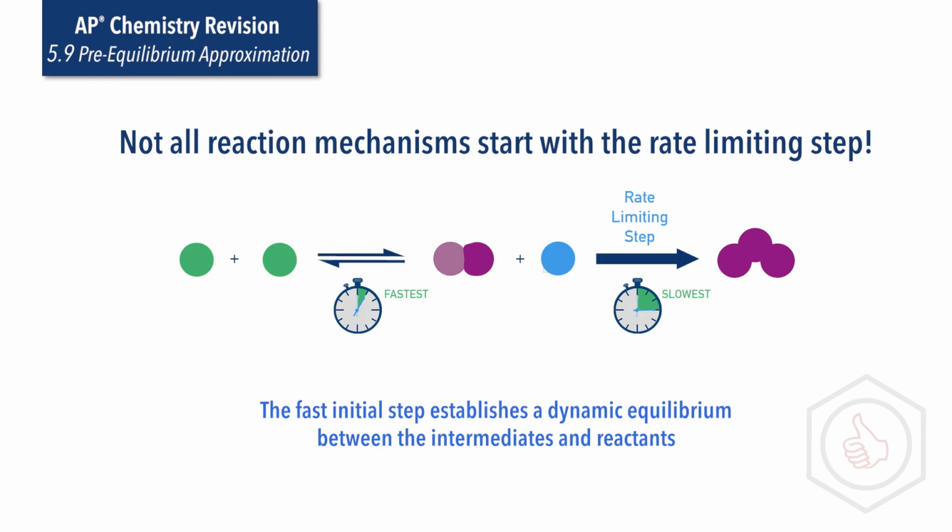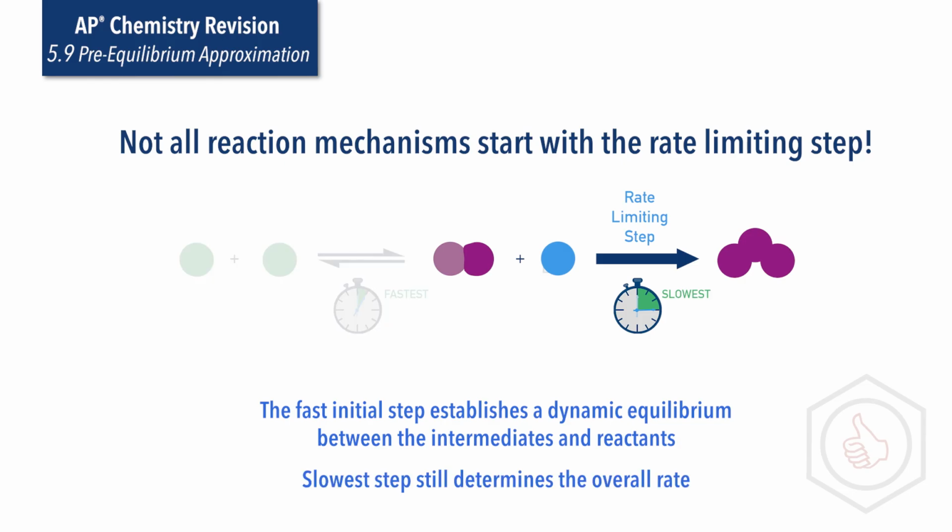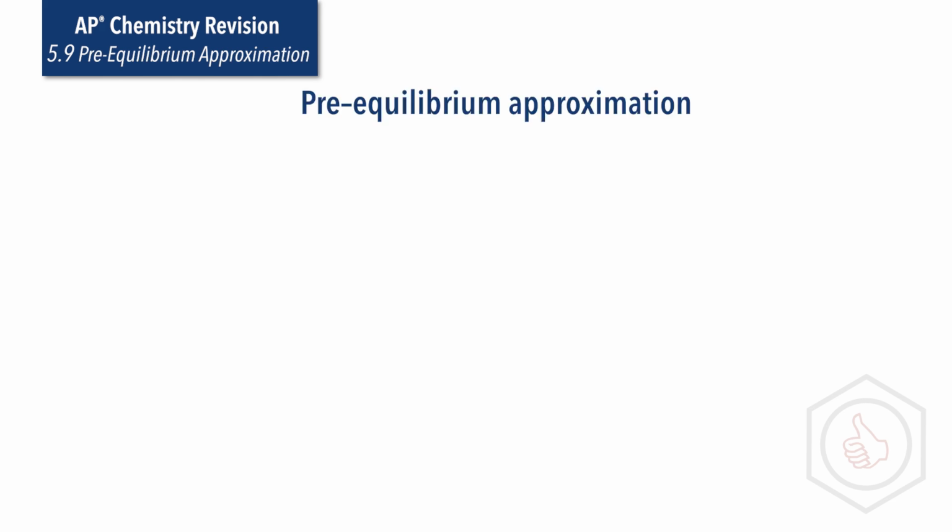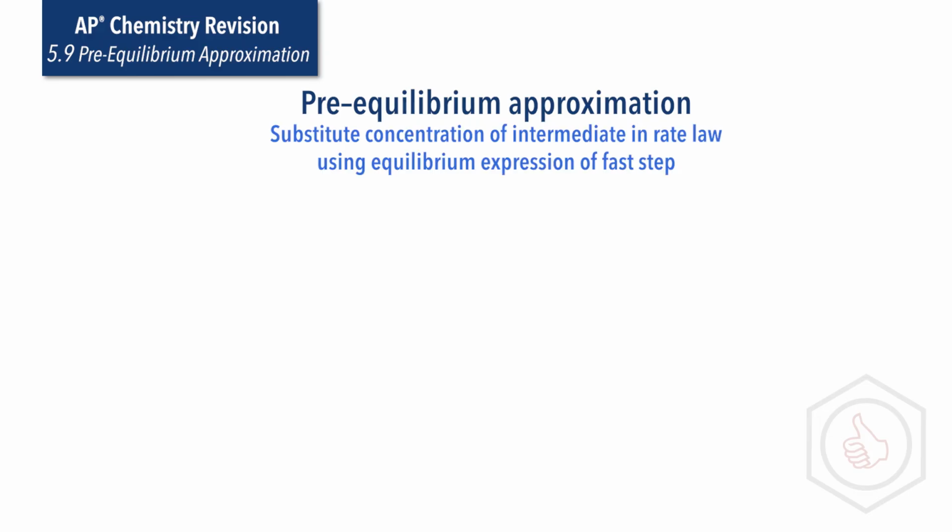The slow second step, however, still determines the overall reaction rate. To write the rate law, we can use something called a pre-equilibrium approximation. We express the intermediate concentration using the fast step's equilibrium expression, and we substitute this into the slow step's rate law.